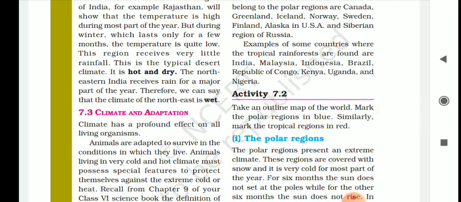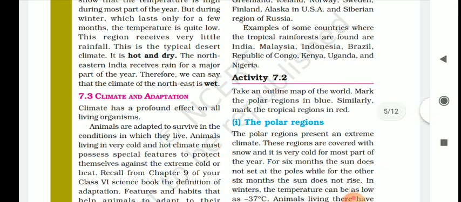Next, climate and adaptation. What do you mean by adaptation?